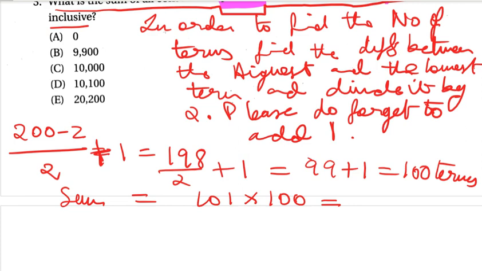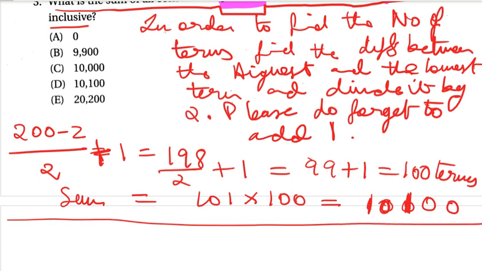You simply get 10100. So that's your final answer, right? Simply it's 101 into 1, and then the 2 zeros are at the back.